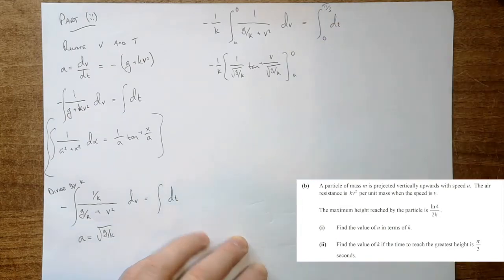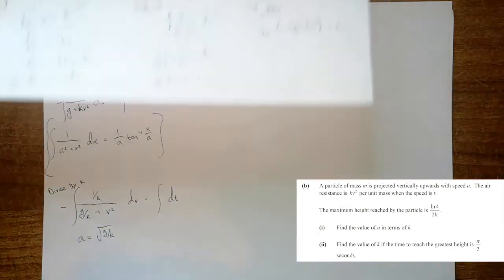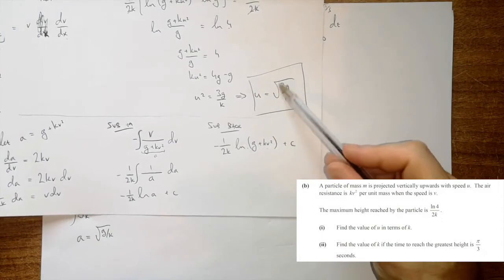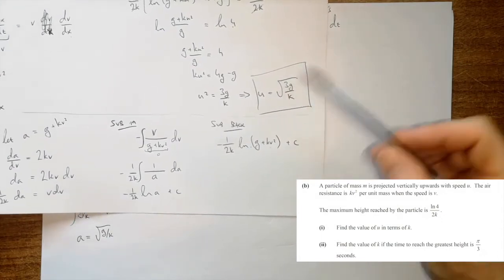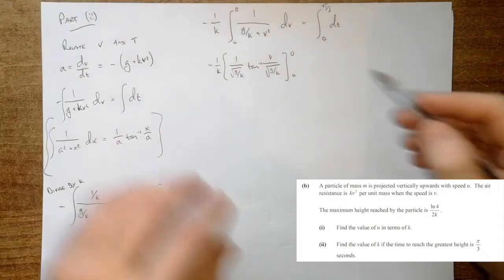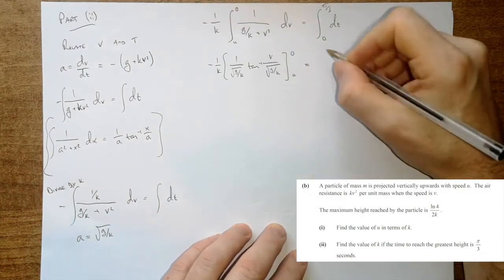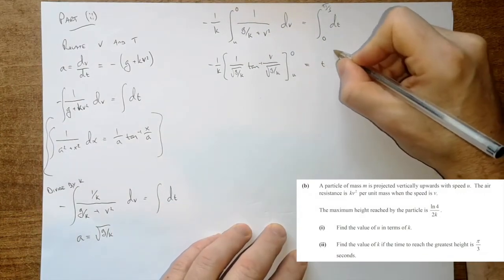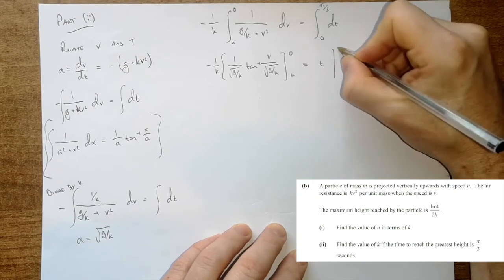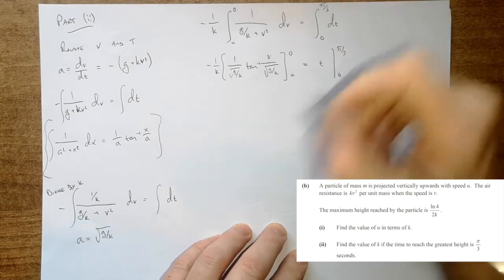Before you get too freaked out and you're wondering this is going horribly wrong, remember u is something to do with the square root of g over k, so this is probably going to come back together on us. It is going to come back together on us. And that's, of course, t at the limits pi over 3 and 0.